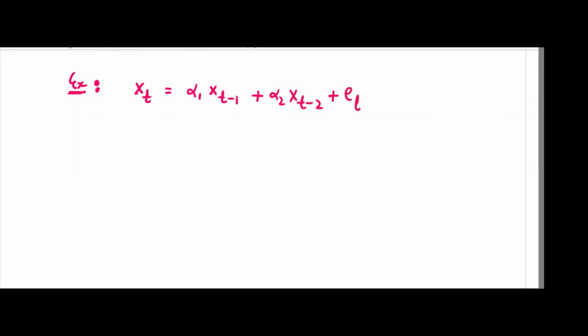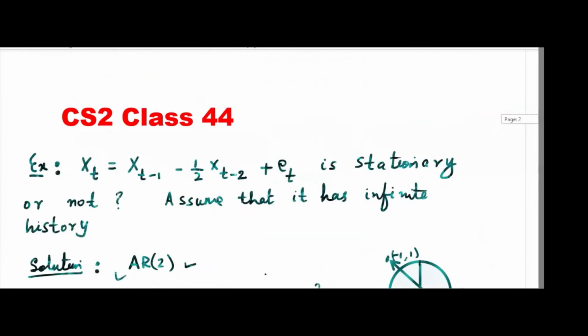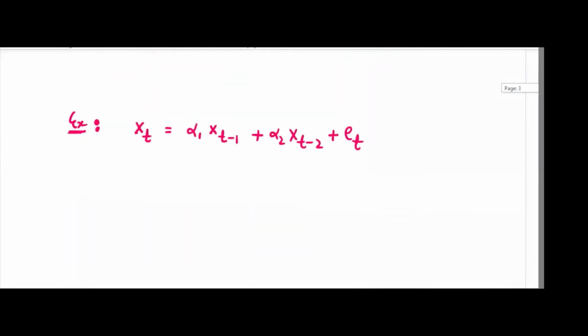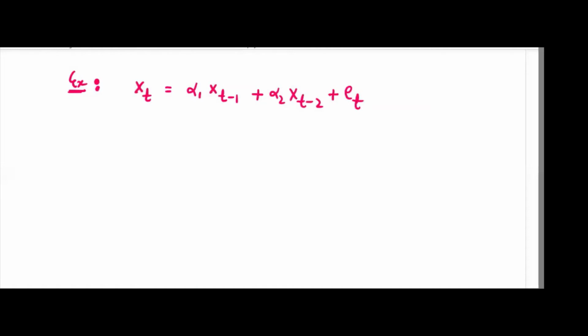This is the AR2. If AR2 is given, remember in this equation, if you try to compare with this equation, here the xt minus 1 coefficient is 1, and the xt minus 2 coefficient is minus r. So I've taken alpha 1, alpha 2; this is 1 and this is minus r.